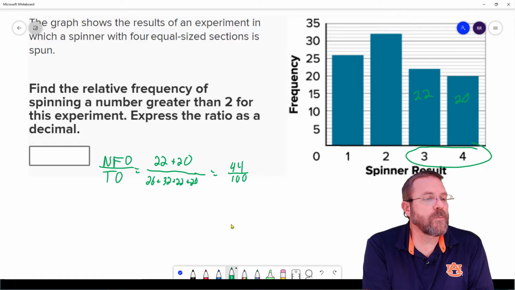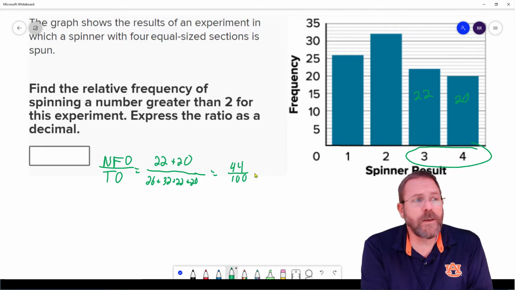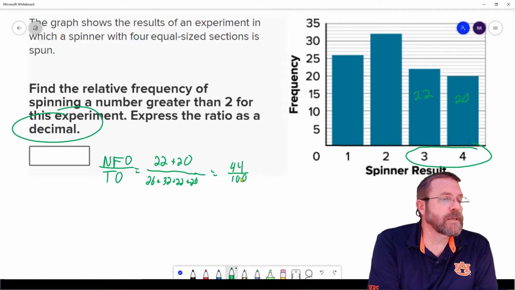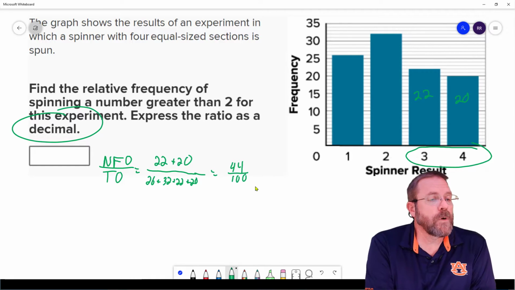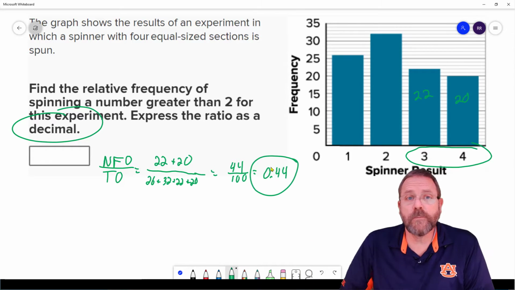So there was 100 spins made total. That we could simplify, but we don't really need to because the question wants it as a decimal. And 44 over 100 you could read as 0 and 44 hundredths. And at that point, you're done.